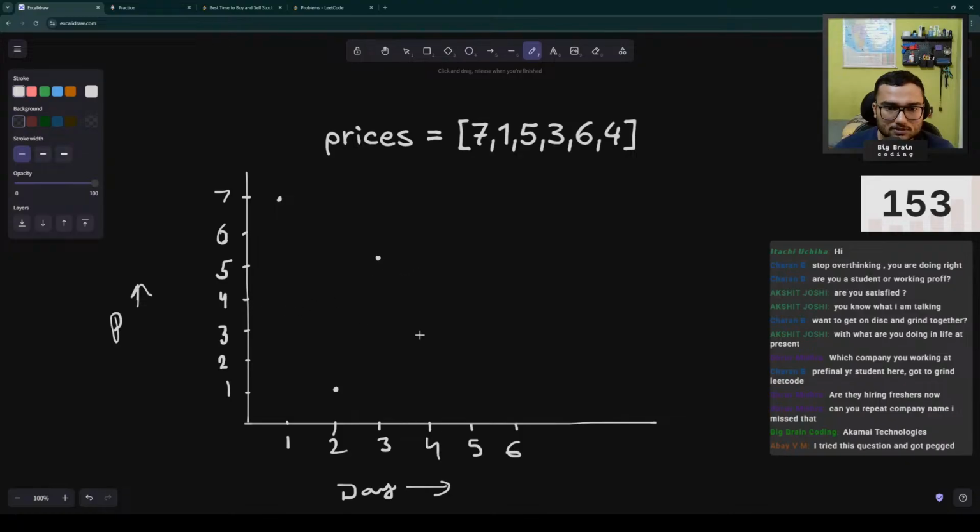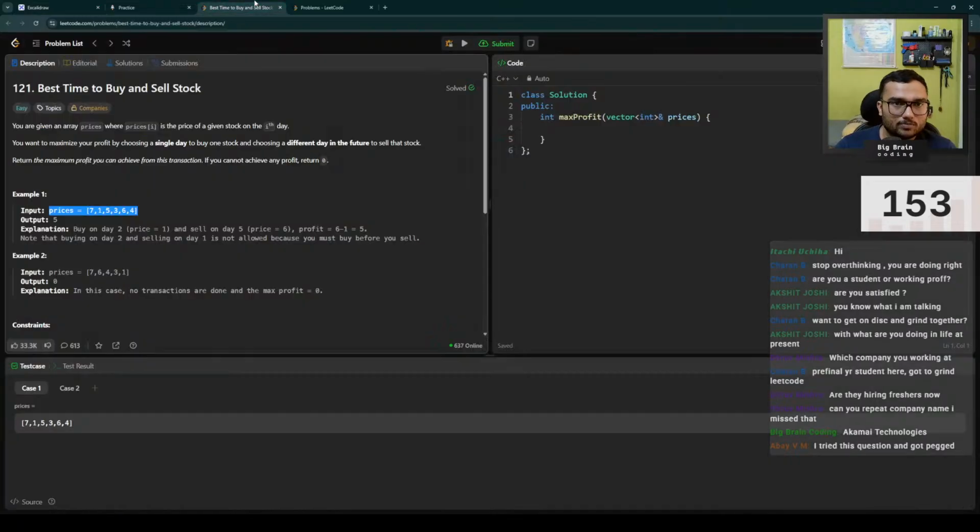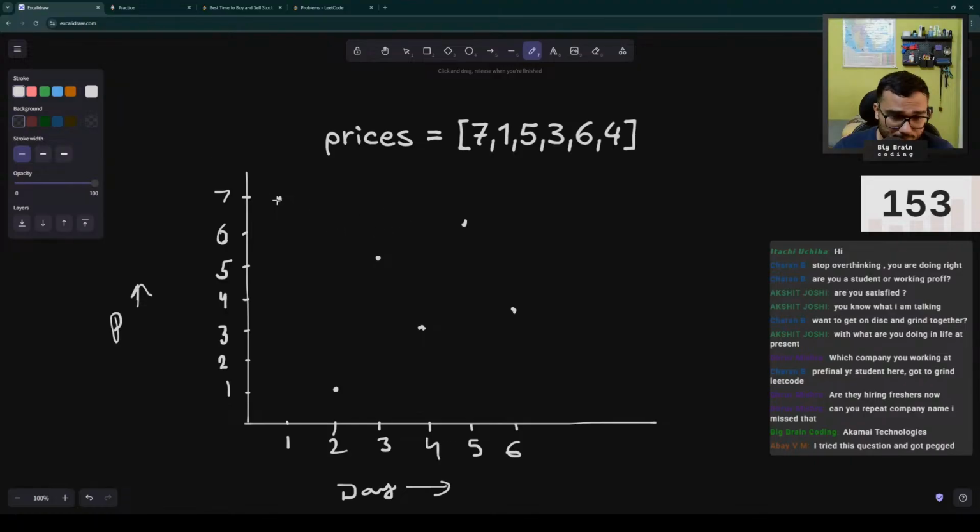Fourth day price is 3. Fifth day price is 6. And the last day it is 4. So we need to maximize profit here. So we want to buy on a day and sell it on some other day. Yep, that's how it works.